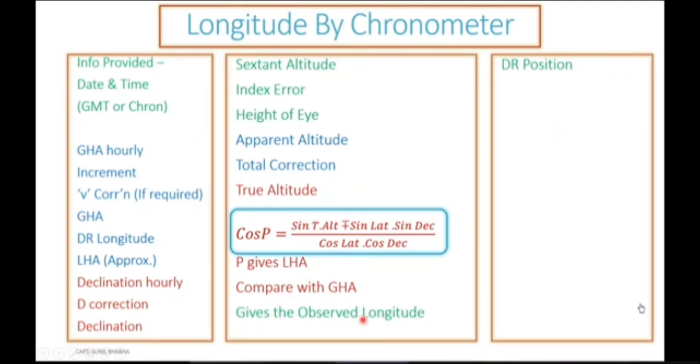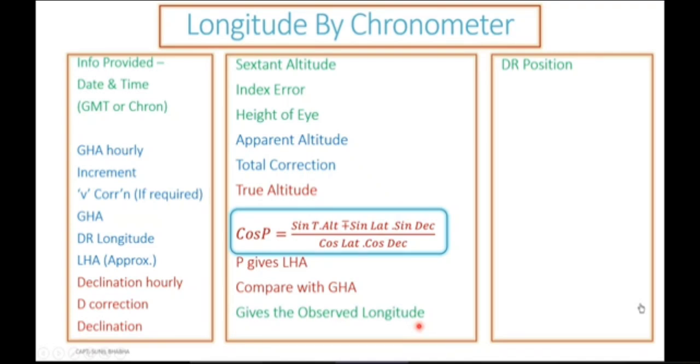Now this longitude which you obtain from the difference of GHA and LHA is called the observed longitude, because this longitude has been obtained by observing the body, or by taking an observation of the body, which we call a sight. So we have obtained the observed longitude here.